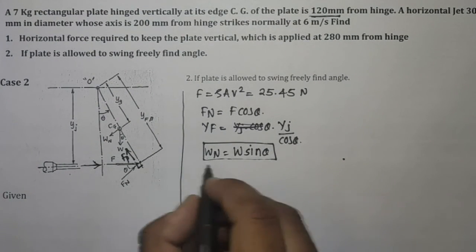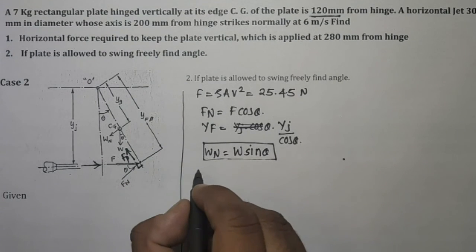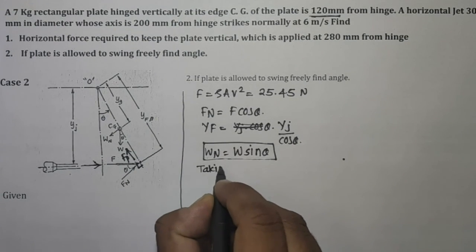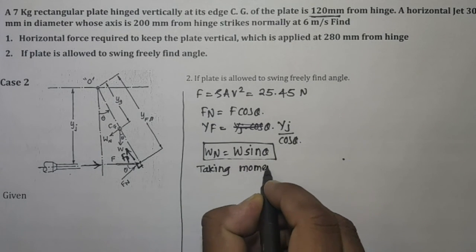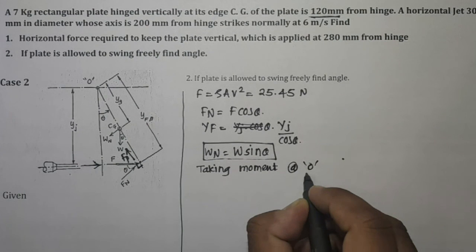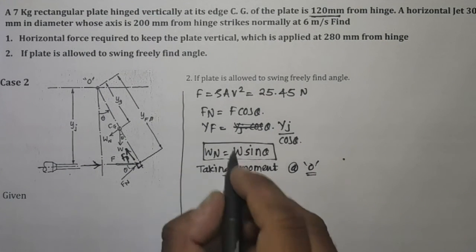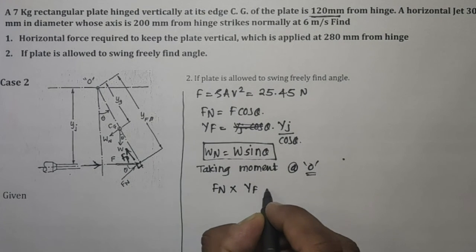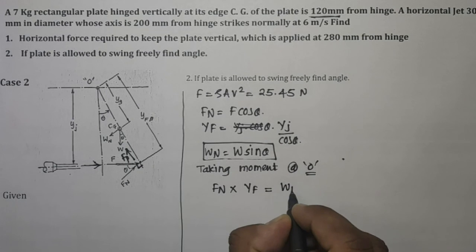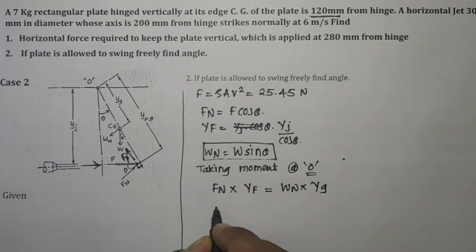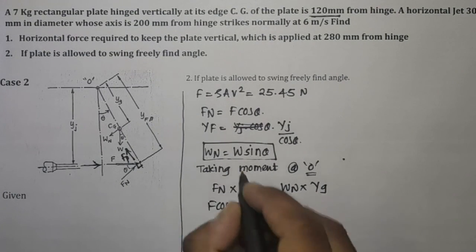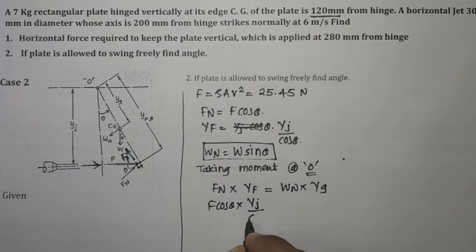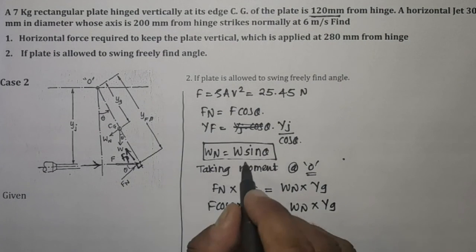Now we will write the moment equation again as in the previous case. Taking moment at O, for this case it will be Fn into Yf equal to Wn into Yg. So Fn is F cos theta, Yf is Yj upon cos theta, equal to Wn into Yg, and Wn is W sin theta.